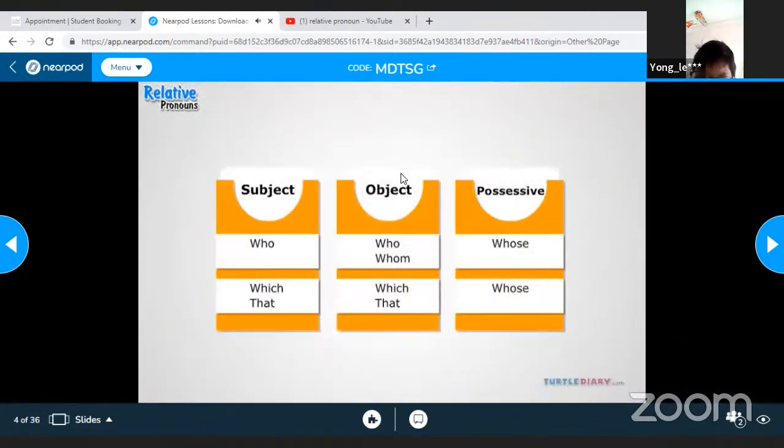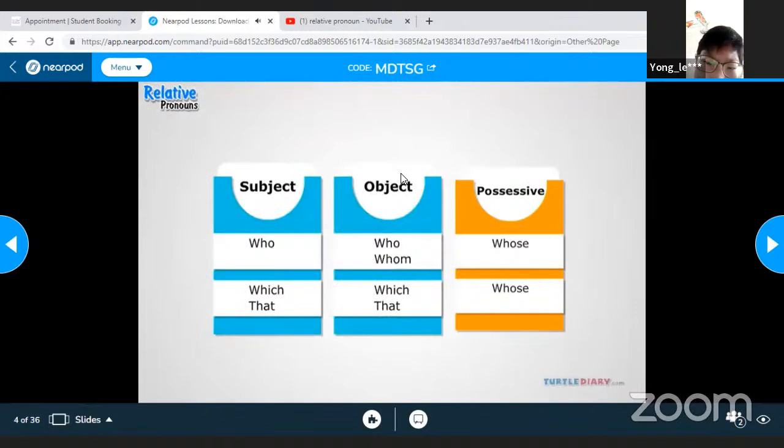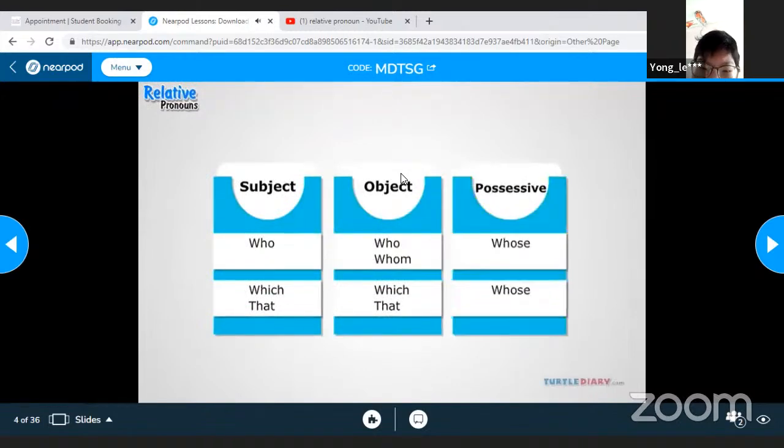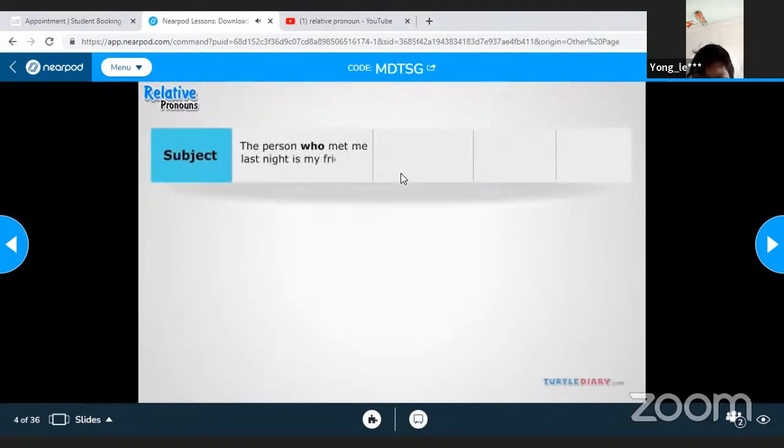The table given below shows which relative pronoun comes at the subject place, which at the object place, and which one is used as a possessive pronoun. Now look at the following examples to see how each relative pronoun is used. Subject. The person who met me last night is my friend. The car which hit me was red.